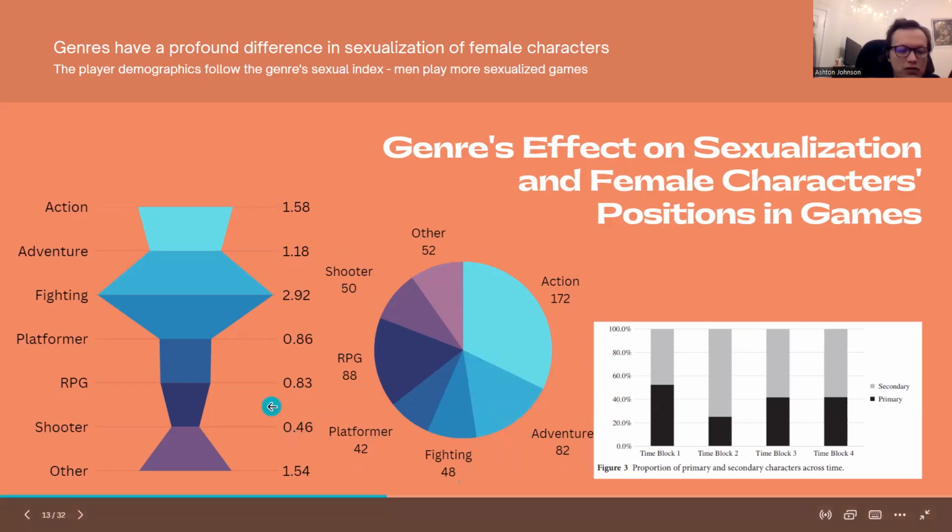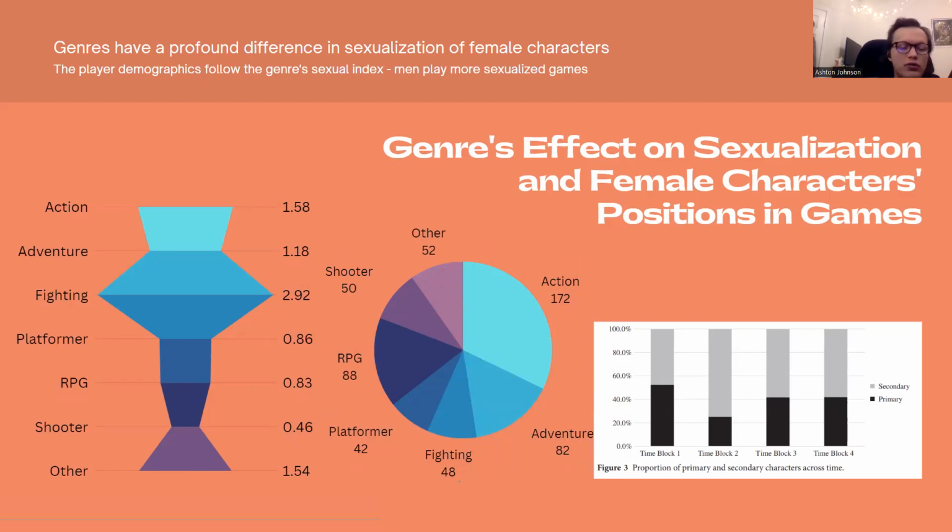This graph right here is a violin plot of the genres, based on each pool. It's just the average of the sexualization index, and then plotted out. So we'll see that the largest is the fighting genre with a 2.92.